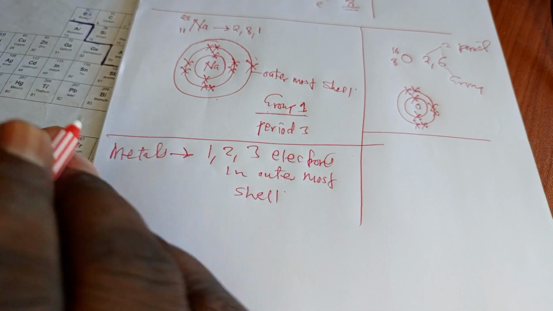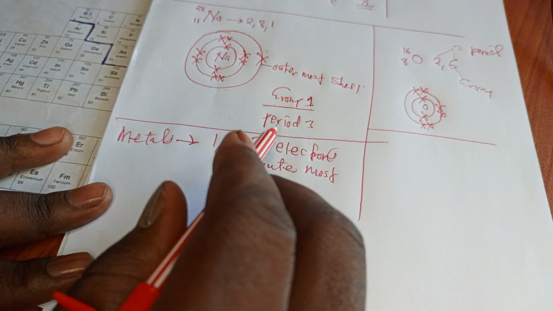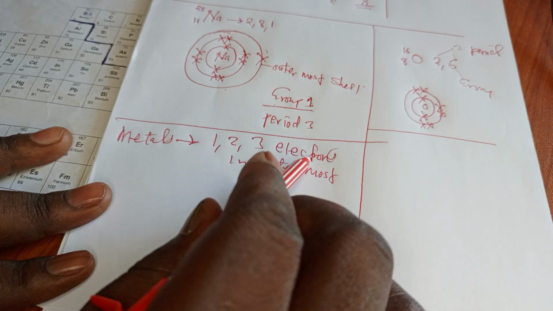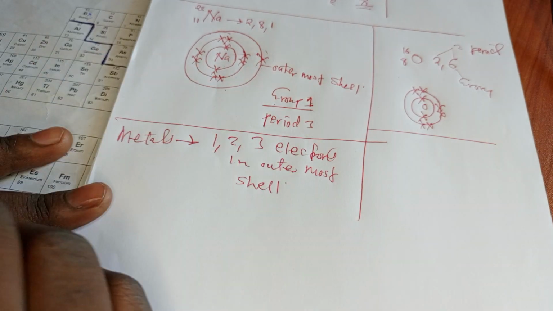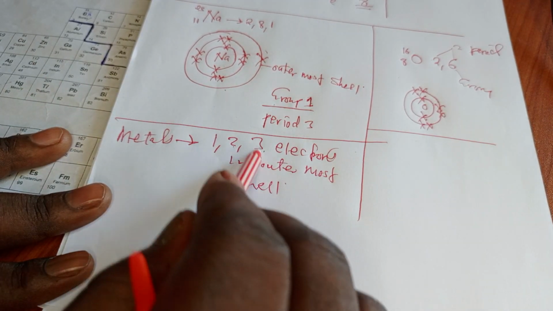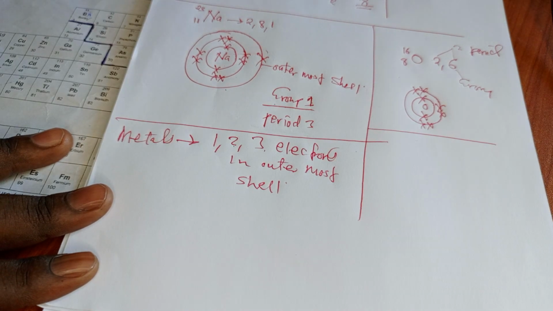We're saying that all metals have either 1 or 2 or 3 electrons in the outermost shell. So when you see an element with 1, 2 or 3 electrons in the outer shell, just know that it's a metal.